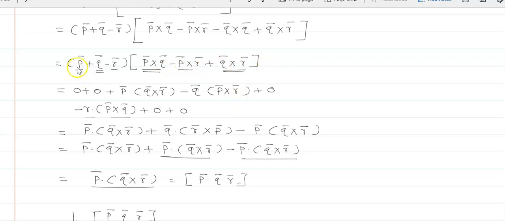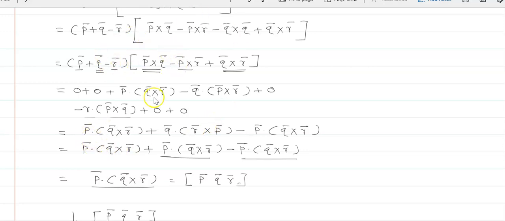Evaluate this: here p is common, that will be 0. P bar dot in bracket q bar cross r bar. Next, this is q, this will become 0. That is q bar dot in bracket p bar cross r bar, and again this will become 0. Next is r, that is minus r bar dot in bracket p bar cross q bar. This will become 0, the last will also be 0.